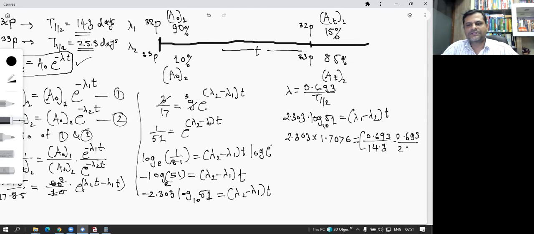So we can give this as 25.3, and that is to be whole multiplied by time, that is t here.